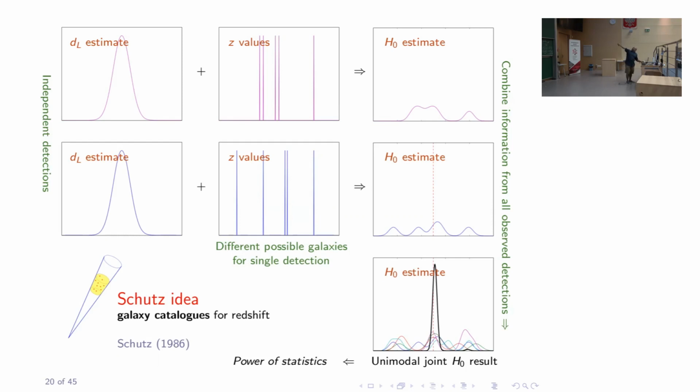So if you stack up information from many different observations, then the peak at the right location, which is always there, would get enhanced, while the peaks at the random locations would get suppressed. So if one combines information from multiple detections, in spite of the individual posterior distributions being multimodal, one is driven to a joint unimodal distribution, demonstrating the power of statistics in the method.